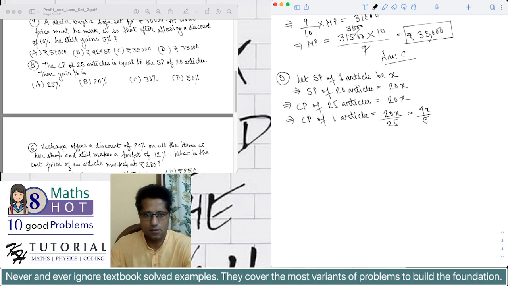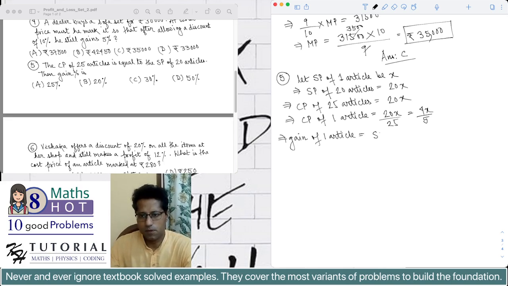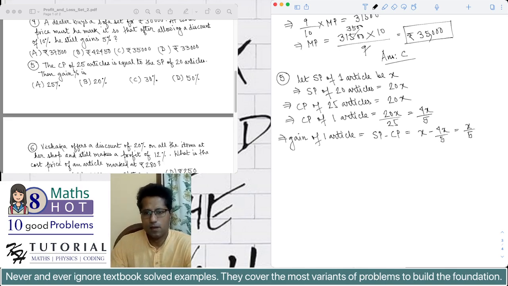It has asked the gain percent. So we can say that the gain of one article is equal to SP minus CP, which is equal to x minus 4x by 5, which is equal to x by 5.